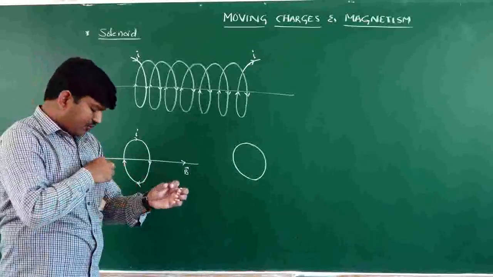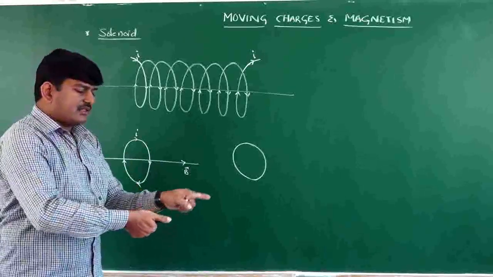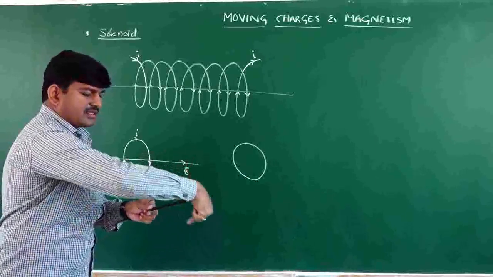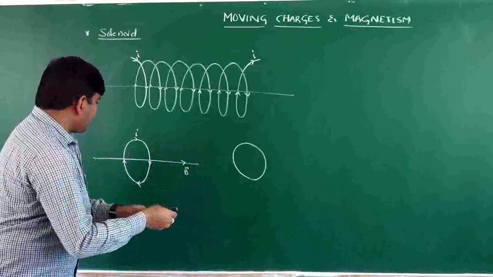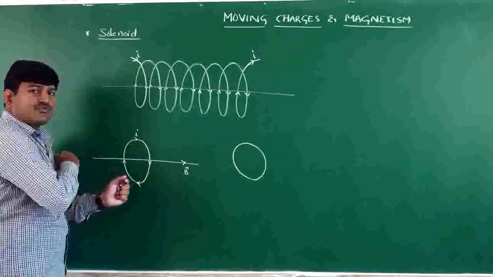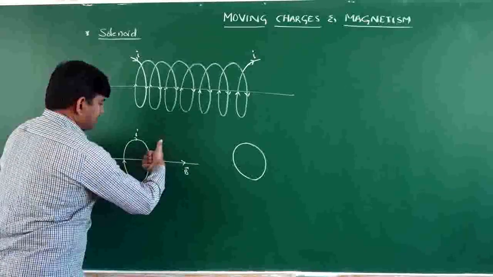Suppose it is a straight conductor and current is passing in this direction, then the magnetic field lines will be along the length of the conductor in a circular pattern like this. In a similar way, if you treat the circle as small elements, they can be treated as straight wires. Therefore, here the magnetic field is like this, here like this.